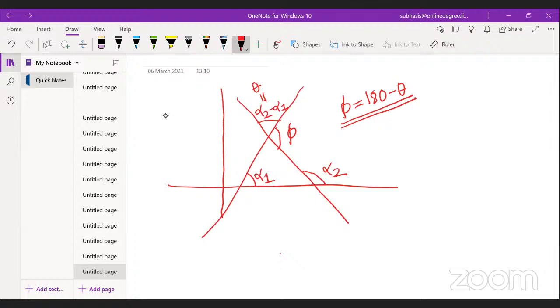So then what is tan theta? Tan phi is equal to tan of 180 minus theta, which is basically minus tan theta. Right?